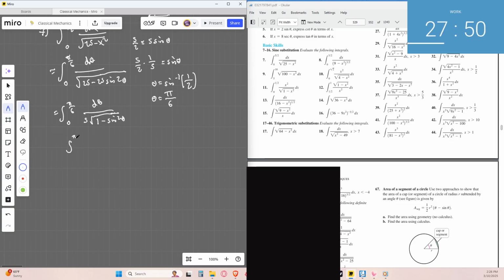So we have 5 and then cosine. Let's say u is sine, and then when we differentiate it will be cosine.